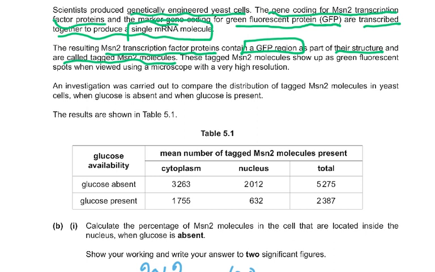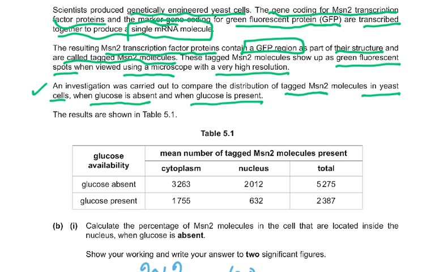These tagged MSN2 molecules show up as green fluorescent spots when viewed using a microscope with very high resolution. An investigation was carried out to compare the distribution of tagged MSN2 molecules in yeast cells when glucose is absent and when glucose is present. Read the question at least twice to explain this to yourself.